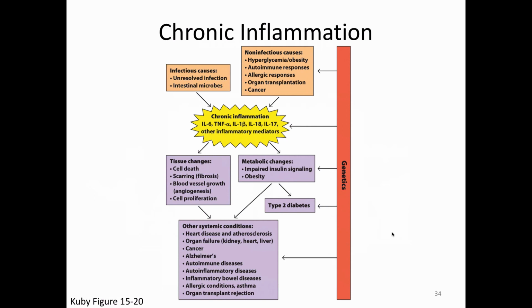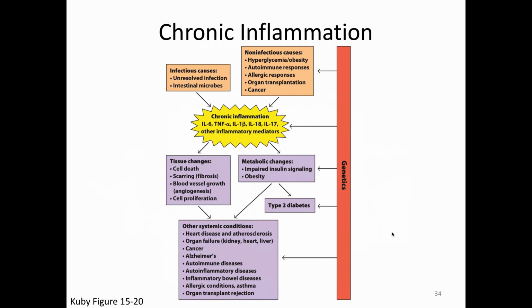If those things are produced chronically, all the time, instead of acutely, in a short burst in one part of your body, then we can start to see a number of different processes. We can start to see cell death and scarring. We can see problems with blood vessel growth. We can see overproliferation of cells. We might see impaired insulin signaling or obesity. These can lead to type 2 diabetes.